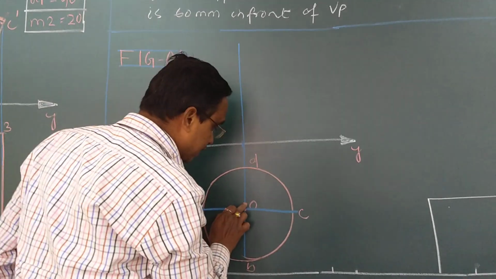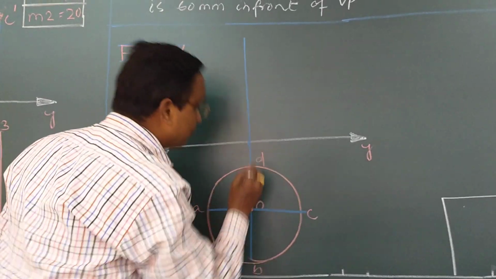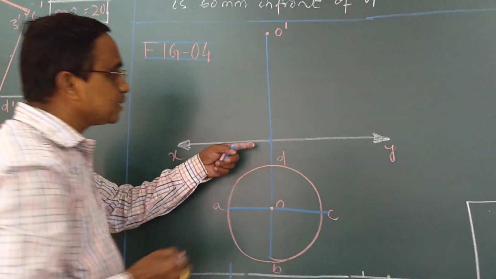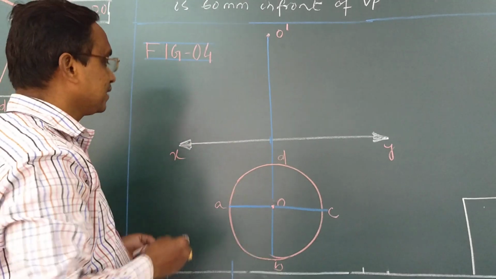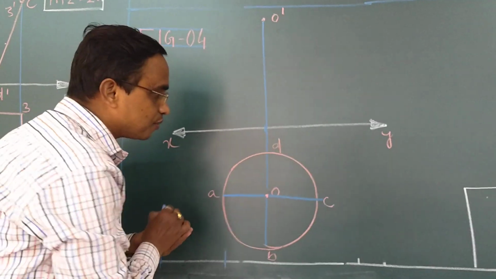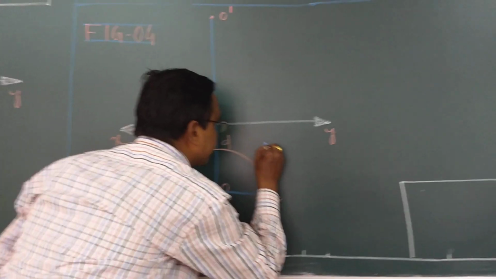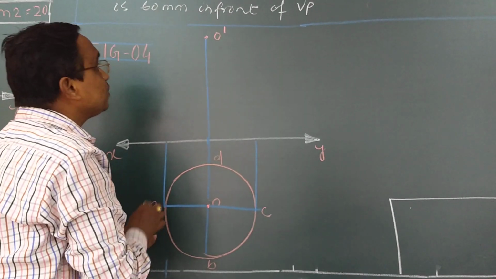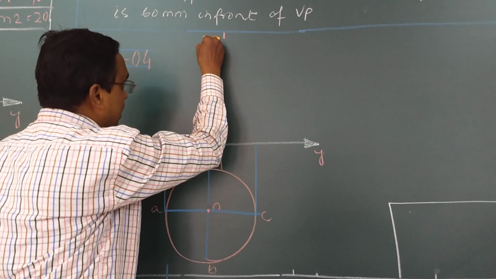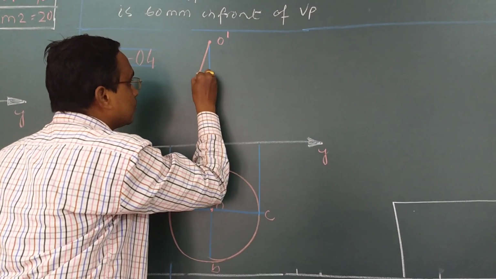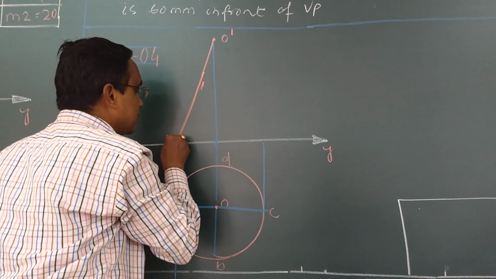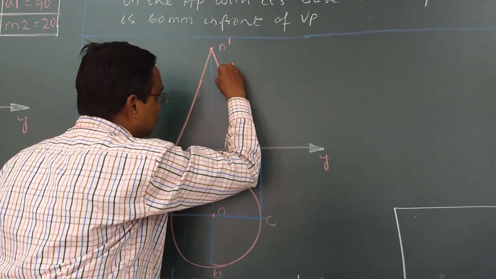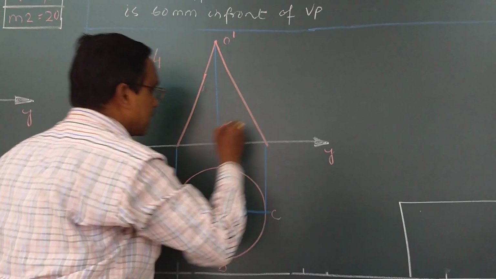And you mark the point O dash. How much? That is 110 mm from the XY reference line. And you draw the projection from point C and from point A, and simply you join O dash to A dash and O dash to C dash.